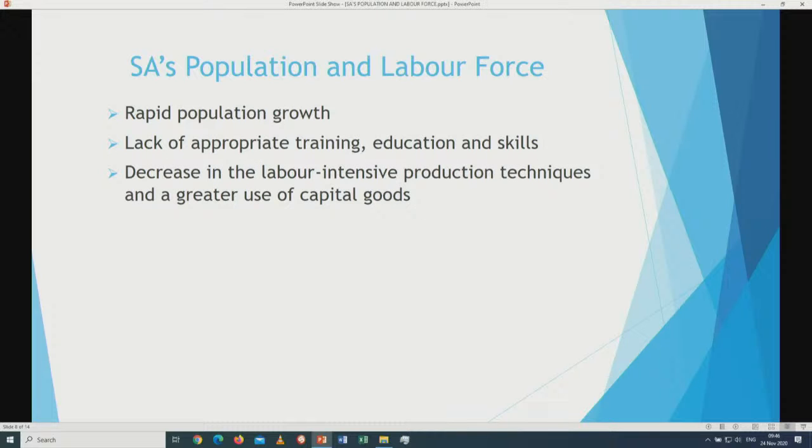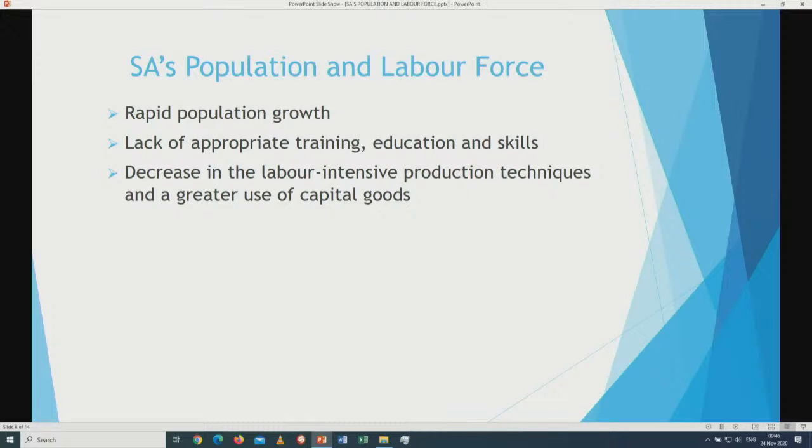The third one is a decrease in the labor-intensive production techniques. Because the world is advancing, more technology is being developed and is being made available even to underdeveloped countries. Now we speak of robotics. Robots are now almost doing everything that a human being can do.